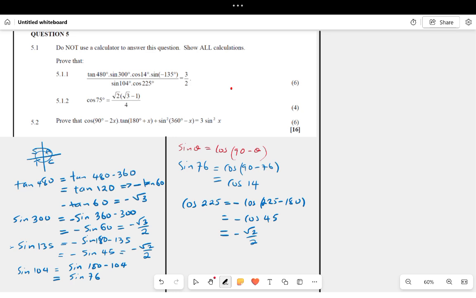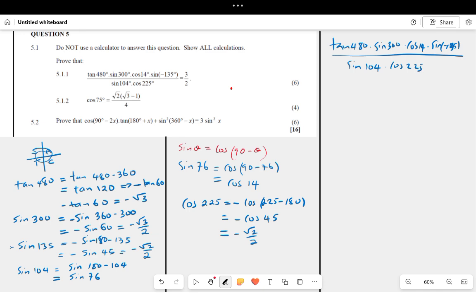Remember, the equation is supposed to be tan 480 multiplied by sine 300 multiplied by cosine 14 multiplied by sine negative 135, divided by sine 104 multiplied by cosine 225.